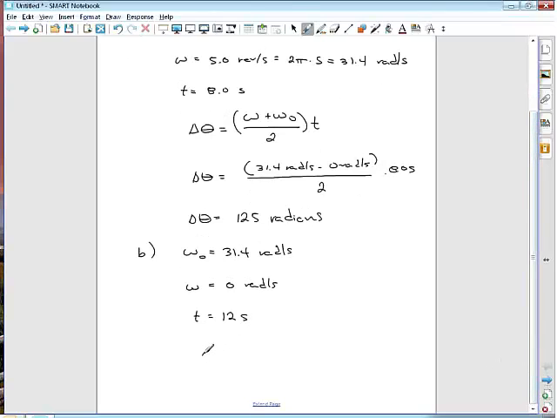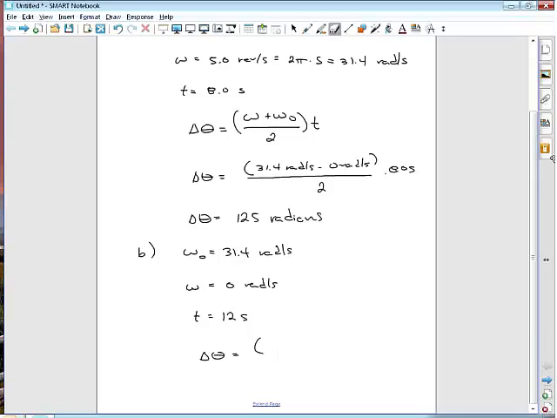And so we can use the same equation. Delta theta is equal to, so even though we go from the same initial to the same final angular speed, the same difference basically.